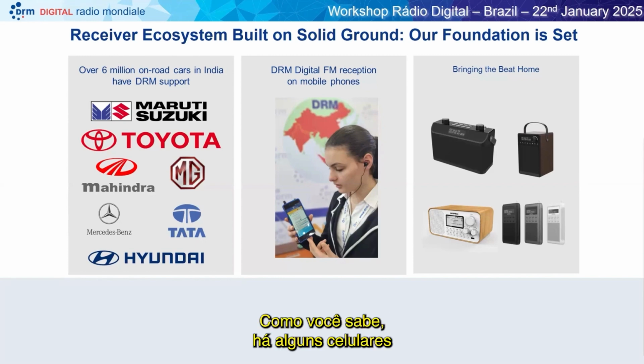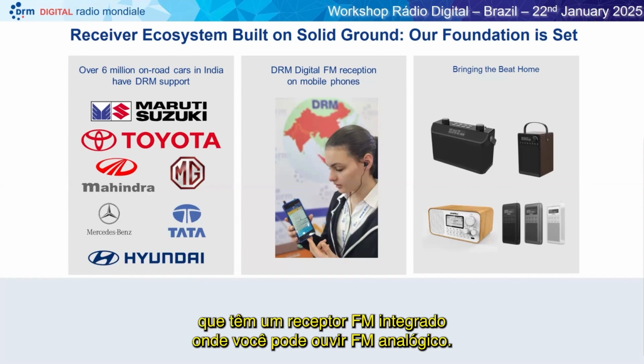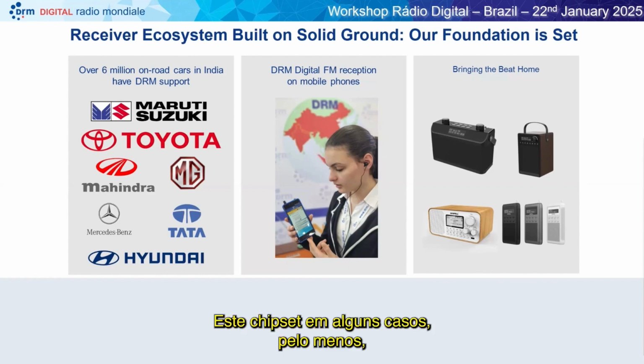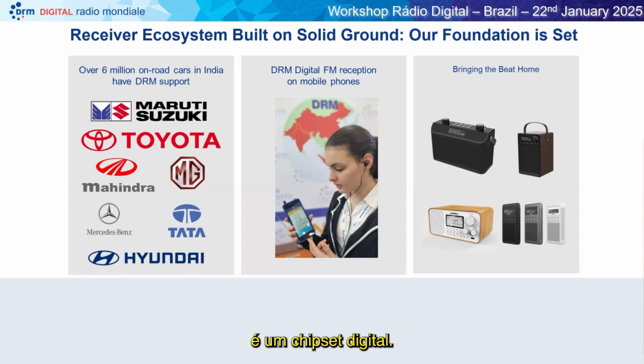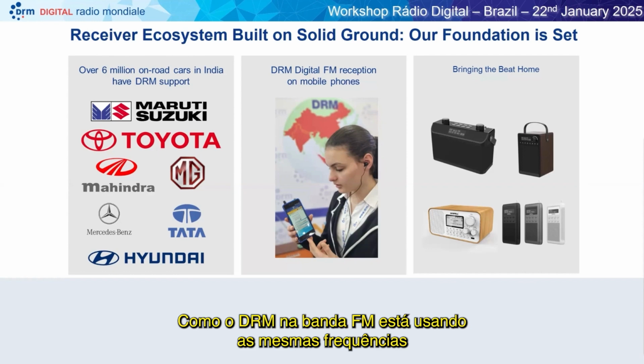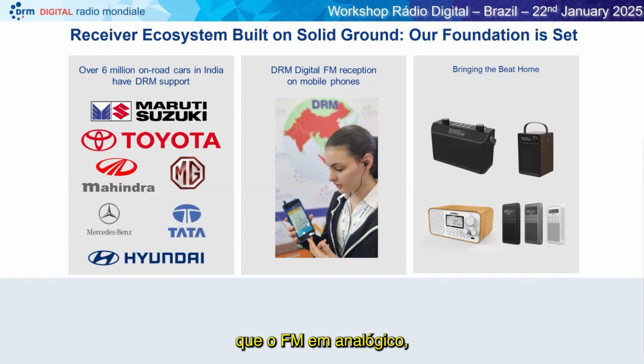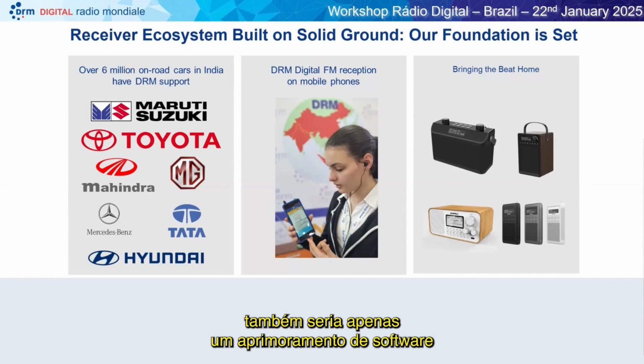There's also the possibility to add DRM to mobile phones. As you know, there are a couple of mobile phones that have a built-in FM receiver where you can listen to analog FM. This chipset, in some of the cases at least, is a digital chipset, and as DRM in the FM band is using the same frequencies as FM in analog, it would also be just a software enhancement of those mobile phones to make them DRM capable.